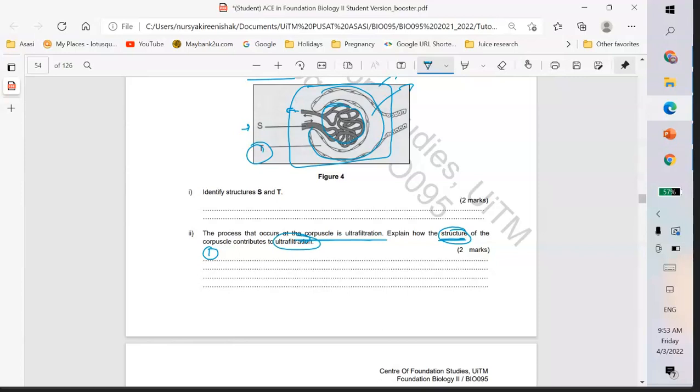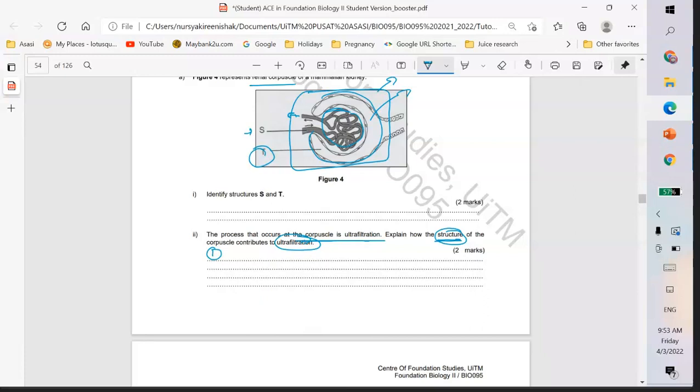So number 1, your first point here, you could write renal corpuscle is the combination of both glomerulus and also Bowman capsule. That is one of the points that will be accepted. Second point is that if you mention there will be high blood pressure or high hydrostatic pressure from the blood in the glomerulus, into the lumen of Bowman capsule.